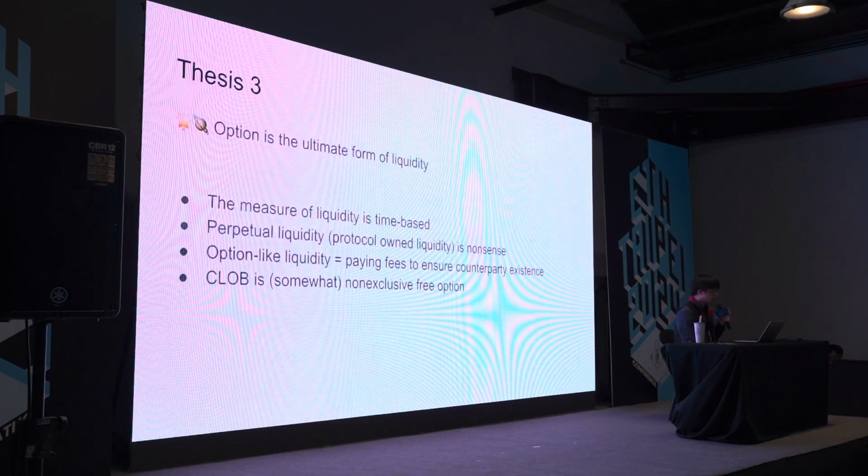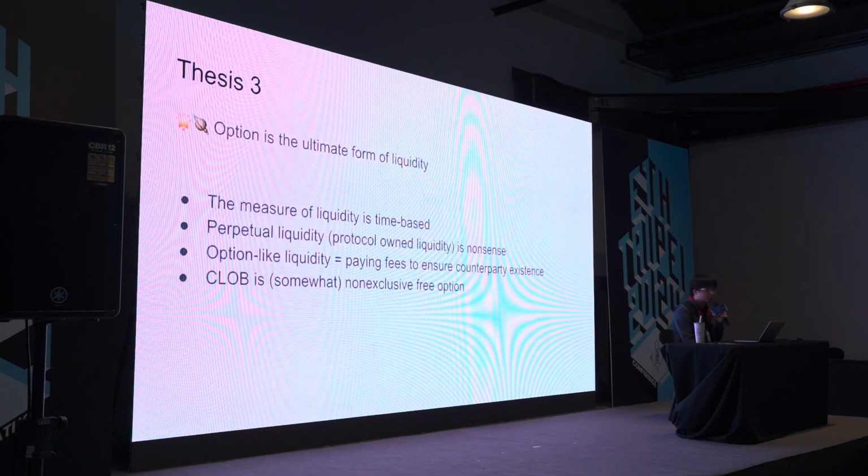And the third one is the fundamental of Dyson Finance. There's no LP, meaning those who deposit 2 tokens to mint an LP position, but instead all of the liquidity providers in Dyson Finance are in fact selling options. It makes sense because the measurement of liquidity is usually time-based. When it comes to liquidity, we care about slippage, but also efficiency.